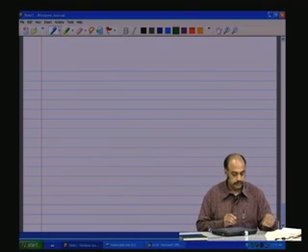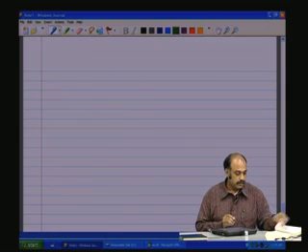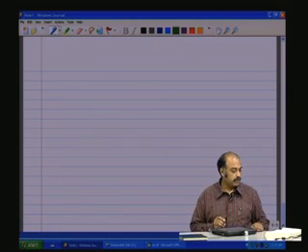Now let us just have a small example from the book.